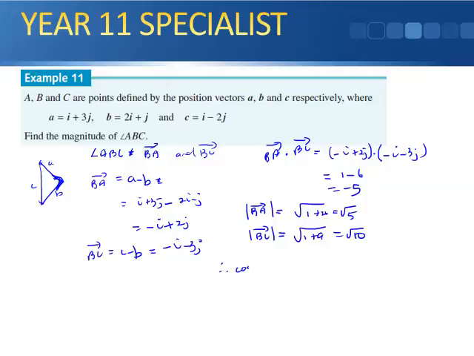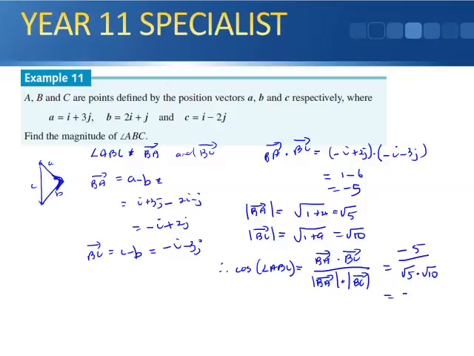And now write in the rule: cos of the angle ABC equals BA.BC, which we already worked out up the top, divided by the magnitude of BA times the magnitude of BC, which we also worked out. So that means I have negative 5 divided by the square root of 5 times the square root of 10, which gives me negative 1/2.